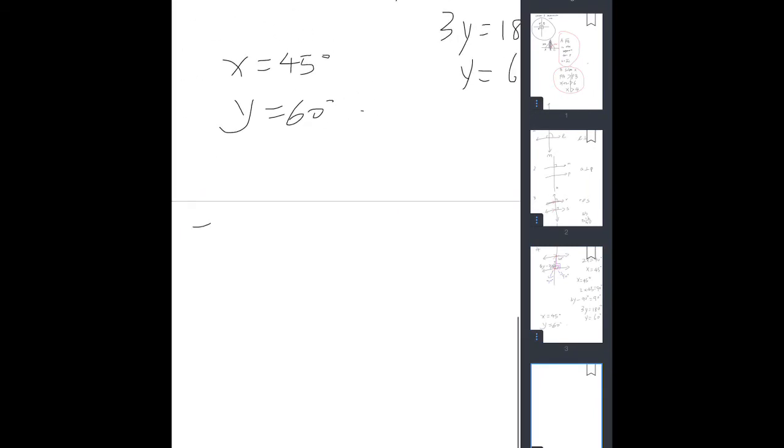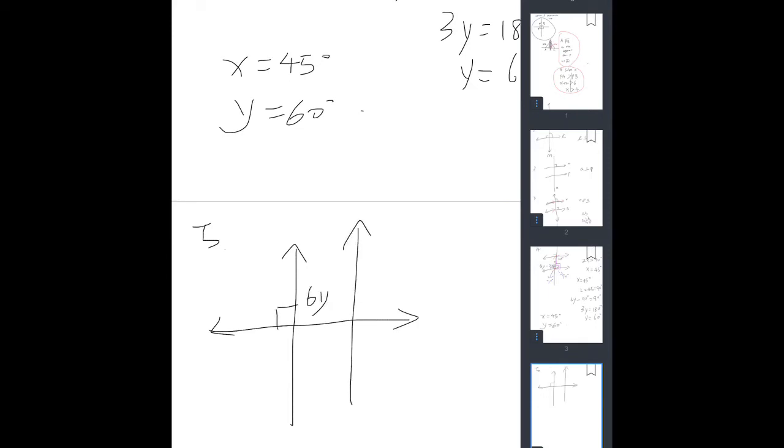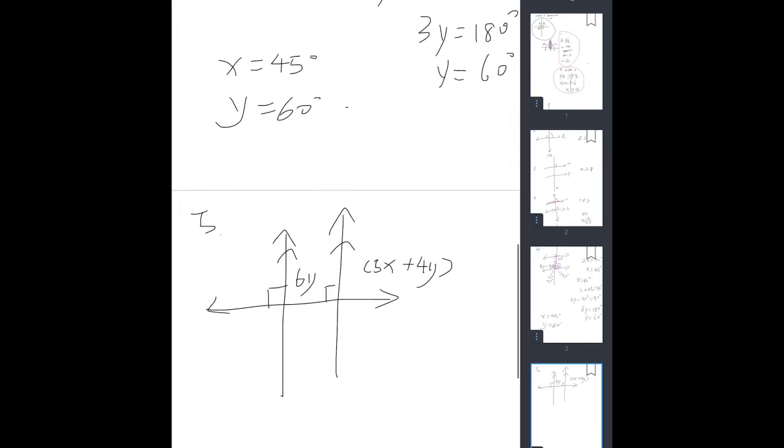For number 5 question, it's 6y in there, and it's 5x plus 4y in there. They're parallel. That's really easy. So we should just find the 6y first. Why?